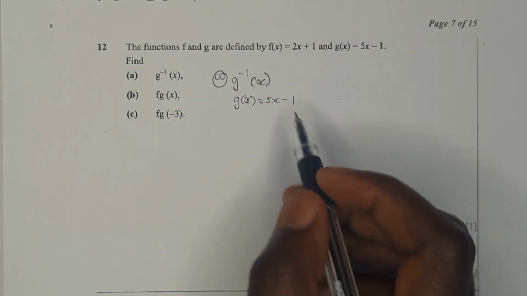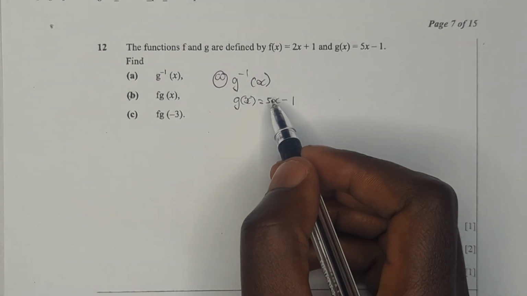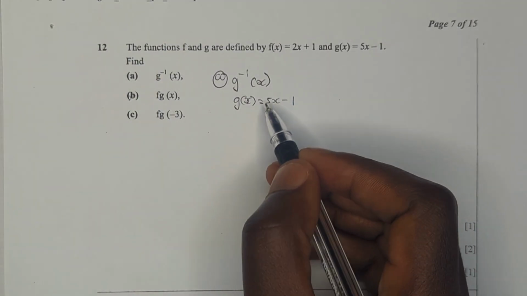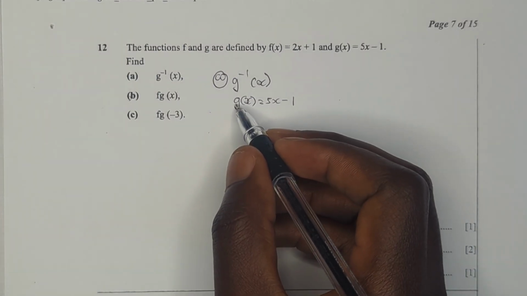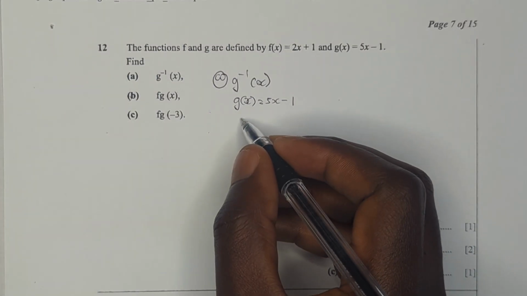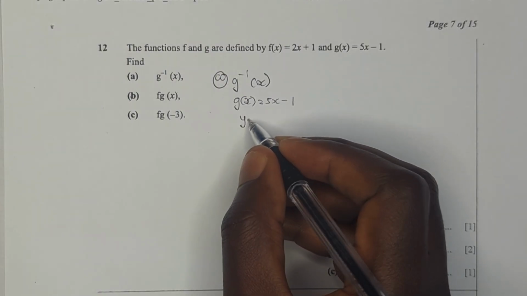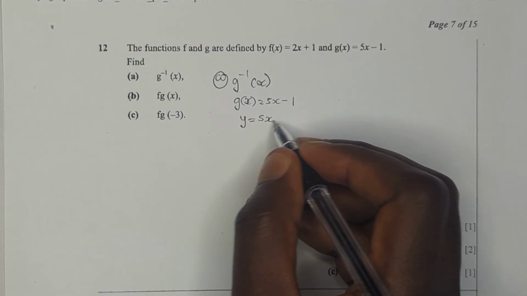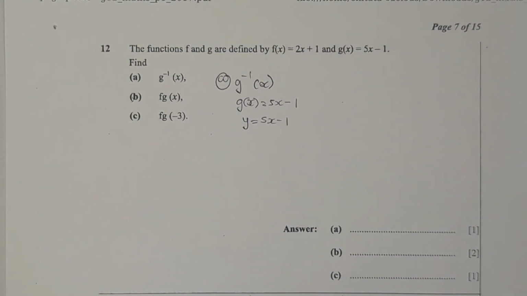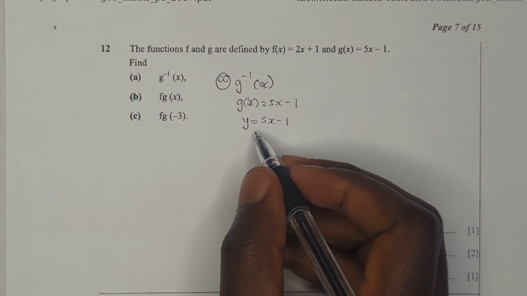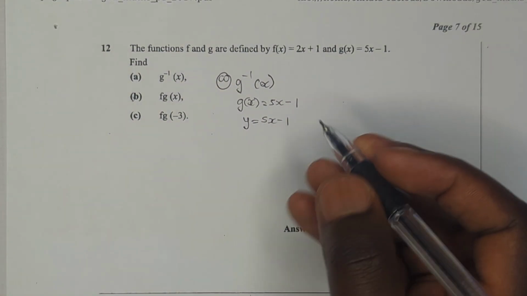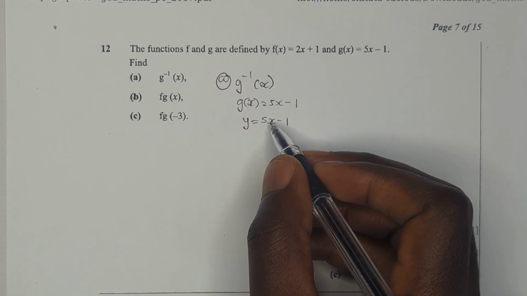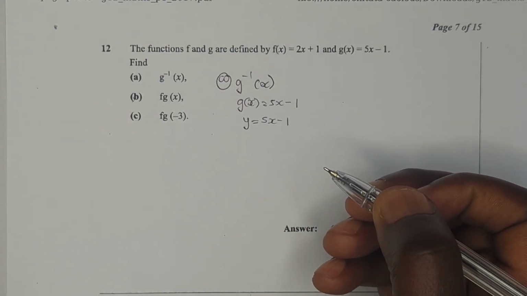Now when finding the inverse, we equate this expression to y. So where there is g of x, we put y. So y is equal to 5x minus 1. After equating y to this expression, we then make x the subject of the formula.